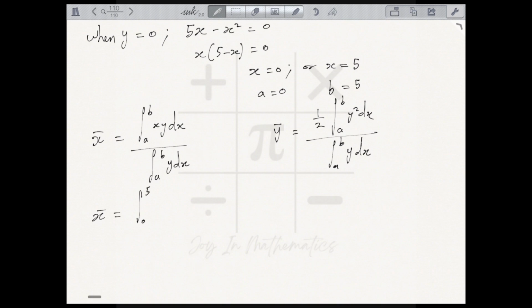X multiplied by 5x minus x squared dx divided by integral of 0 to 5 of 5x minus x squared dx.